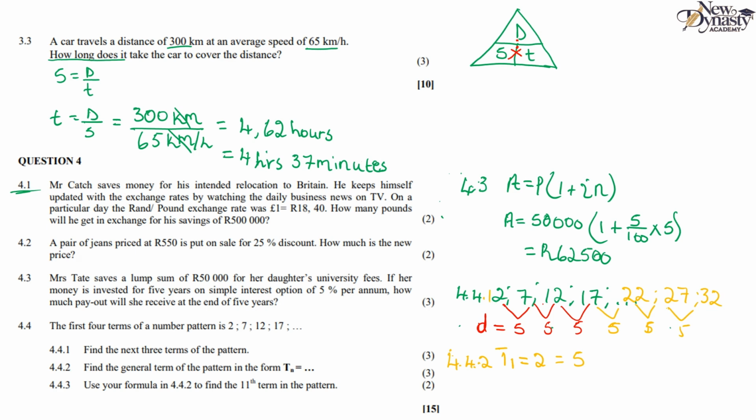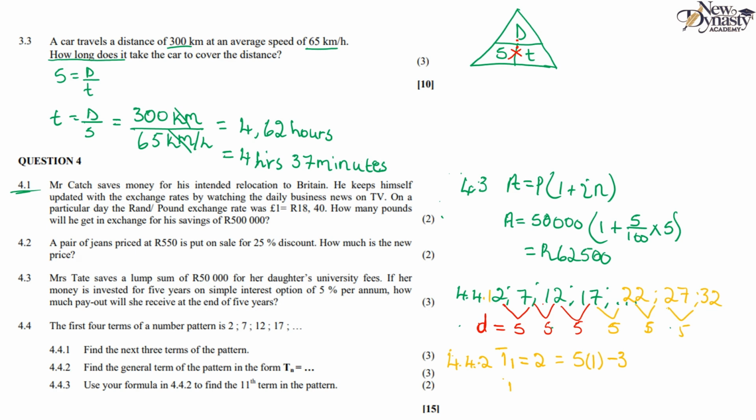So you're going to say 5 multiplied by n, which is the first term, which is 1. So 5 multiplied by 1 is 5. So how do we get 2 if you have got 5? You have to subtract something. How much do you subtract from 5 to get 2? You obviously subtract 3. So you can see that we subtract 3 from 5 to get 2. That's how we do that.